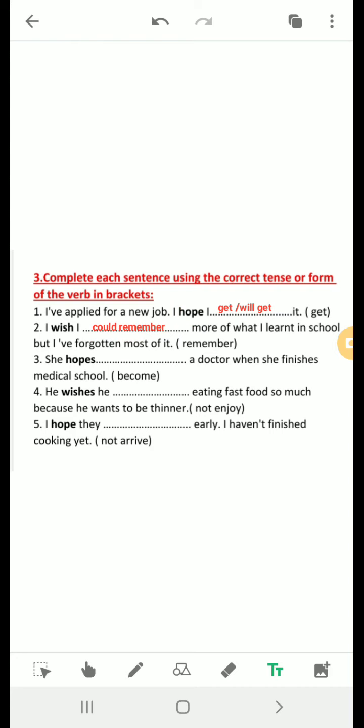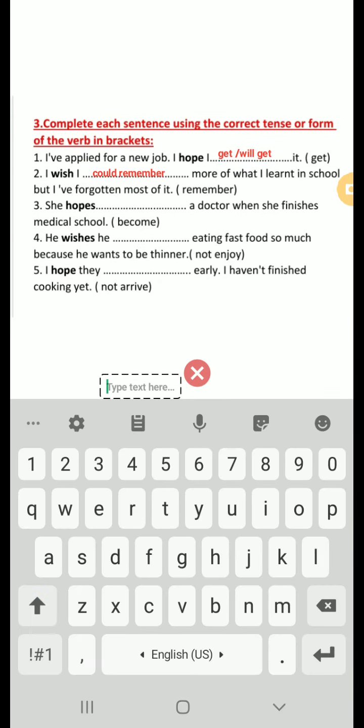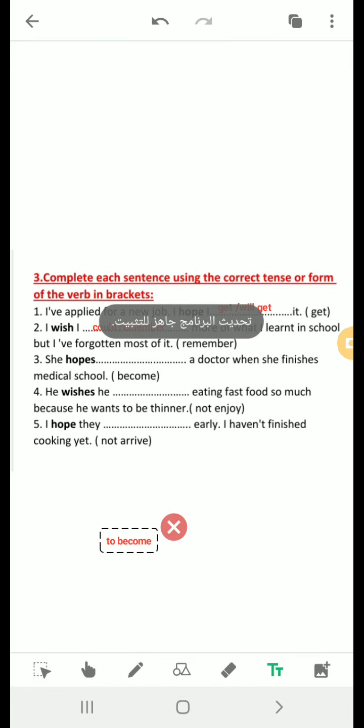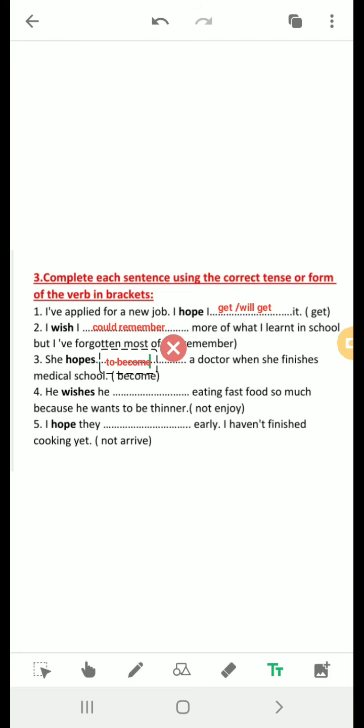She hopes. Here also after hope we don't use any subject. There is no subject, so we use to plus infinitive. So here the answer is to become. She hopes to become a doctor when she finishes medical school.